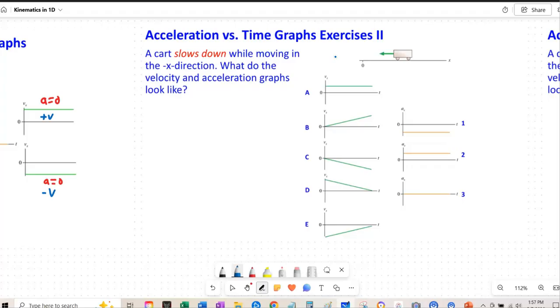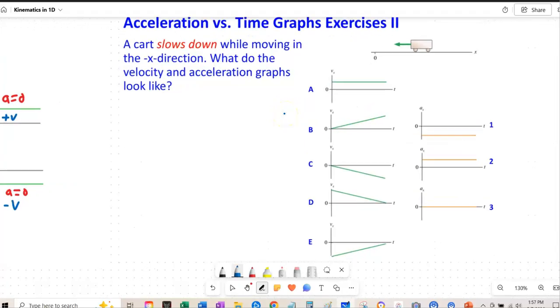Okay, so if it's slowing down while moving to the left, we know its velocity vectors are going to be negative. And we know the acceleration vectors are going to be positive because it's slowing down, which means the velocity and acceleration vectors are pointing in opposite directions to each other.